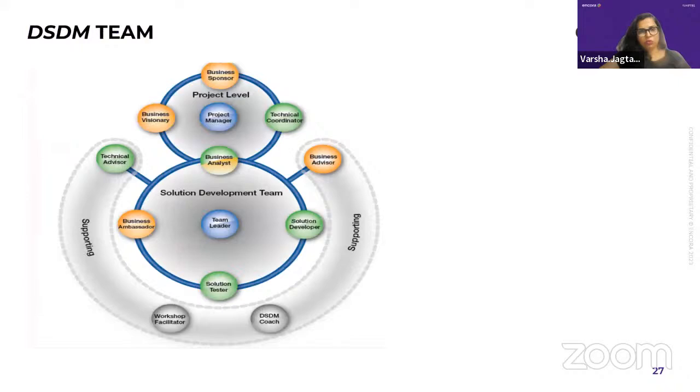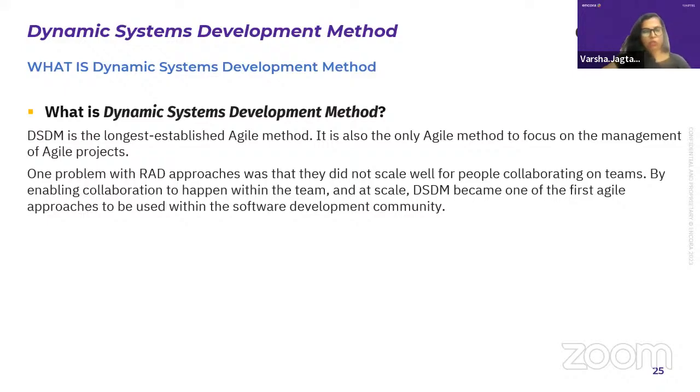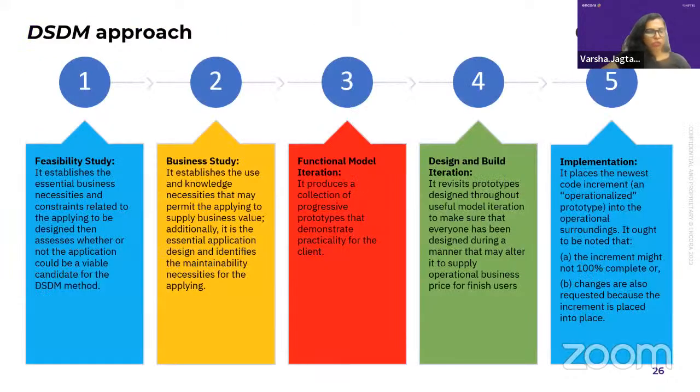It talks a lot about the pre-planning phase. I haven't included that in my slide, but it gives you a structured guideline through the phase of inception. Even before the feasibility study, what comes first is pre-plan.